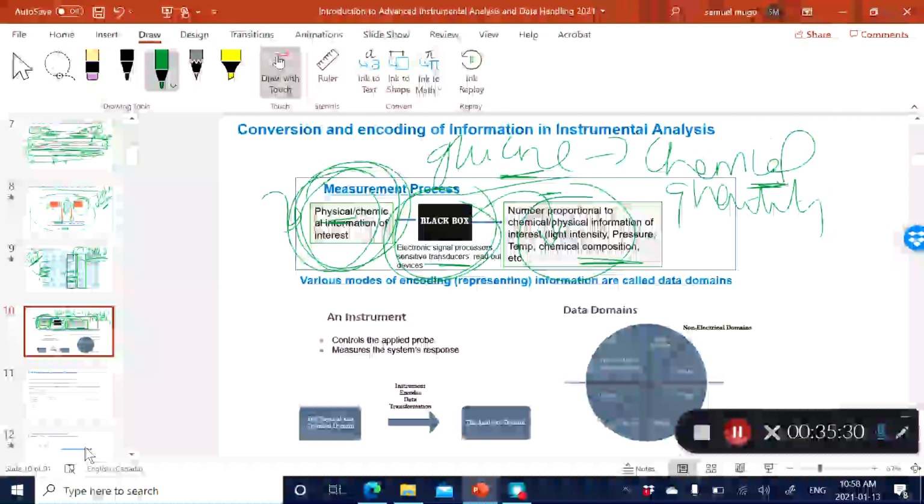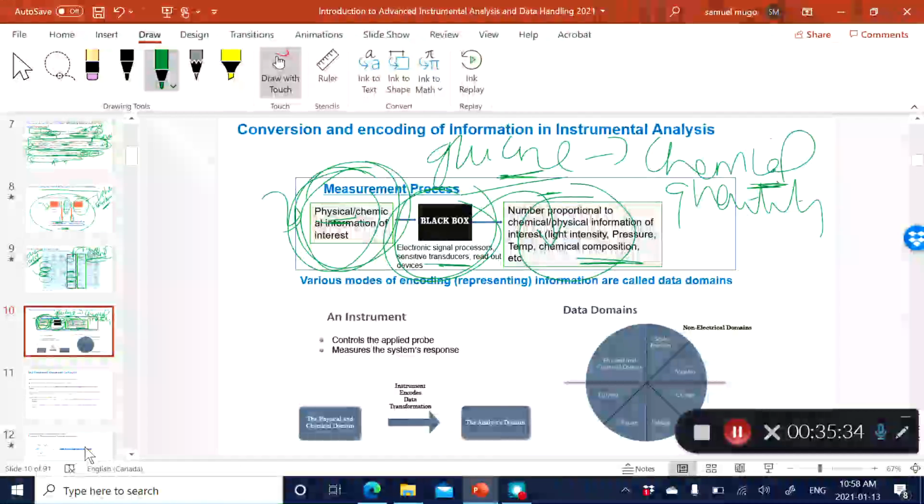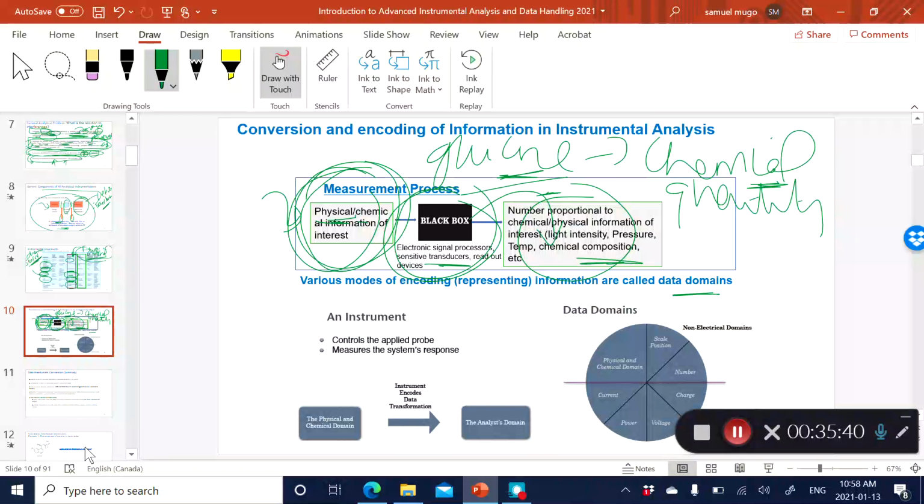So what the components of the instrument do is to convert this information, using the so-called data domains, that is, to encode the information and convert it into different data domains. The physical quantity can be converted to an electrical quantity that the instrument can handle. And then the instrument later on converts the electronic quantity again into a physical quantity, which is what you're referring to as the analyst's domain here.